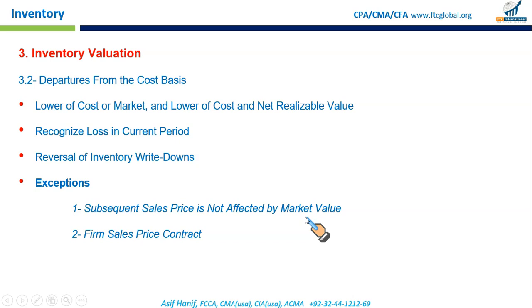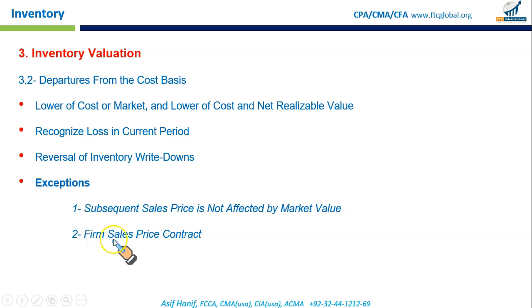Means, if the future selling price of the product is fixed and it is not dependent on the market value, then the lower of cost or market value or lower of cost or NRV is not applicable. Like if a product has a fixed selling price due to maybe some regulations or some agreement, the market value doesn't matter, and the company does not need to adjust inventory based on the changing market price.